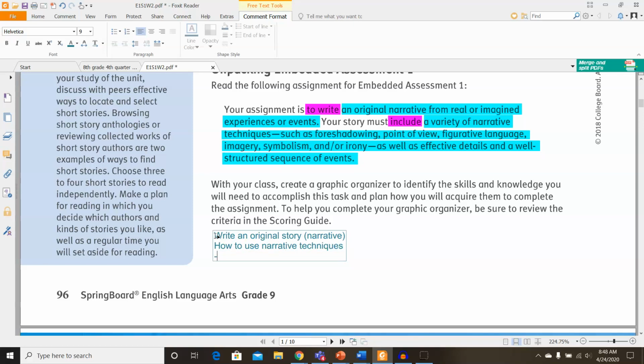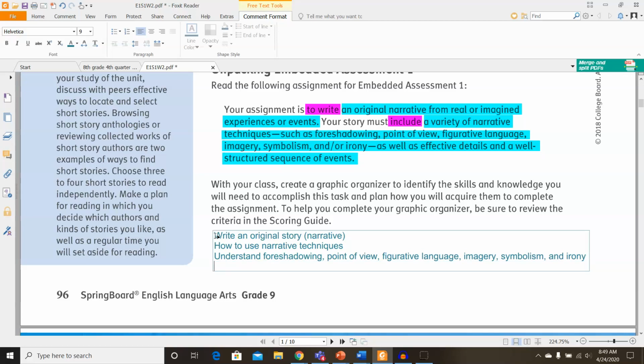I'm going to have to know what these narrative techniques mean, because if I don't know, then how am I going to use them, right? So I'm going to need to understand foreshadowing, point of view, figurative language, imagery, symbolism, and irony. So I'm going to need to be able to understand those things to the point of actually using them in my own writing. And then I'm also going to need to know how to use effective details.